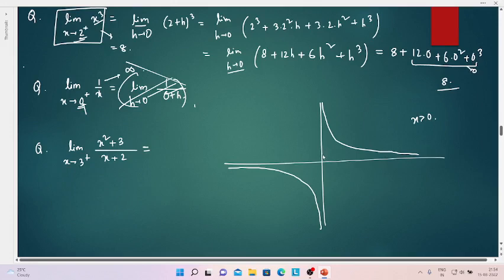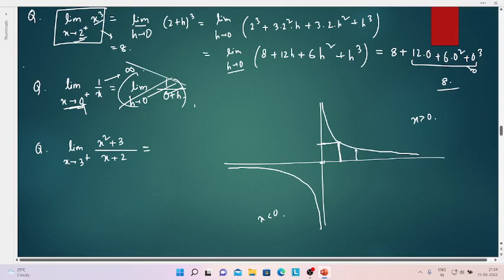Basically, if we put x equals minus 2, then it will become minus half. That is the graph of 1 by x. This is the part for x less than 0. So x tends to 0 plus means we have to choose a point of x which is near 0 on the positive side. Suppose at x equals 1, the value of 1 by x is 1.